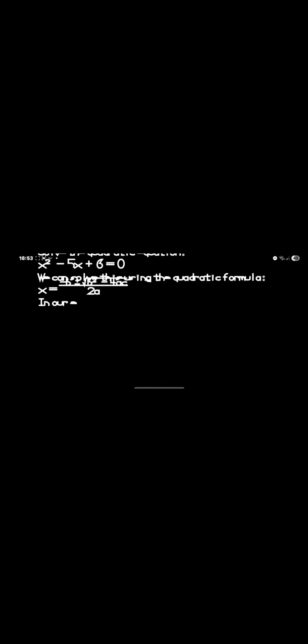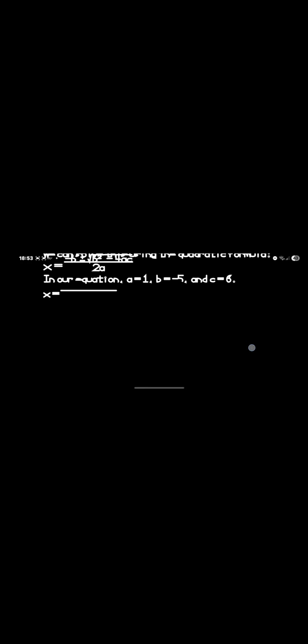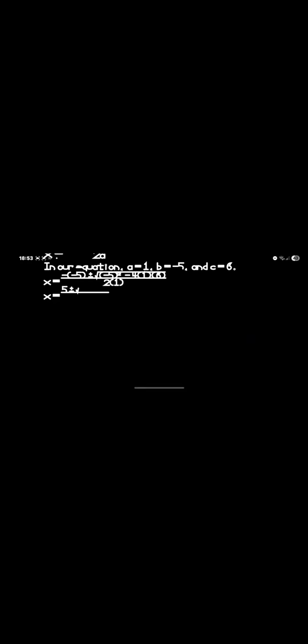In our equation, a equals 1, b equals minus 5, and c equals 6. X equals frac minus minus 5 plus or minus the square root of minus 5 squared minus 4 times 1 times 6 over 2 times 1. X equals frac 5 plus or minus the square root of 25 minus 24 over 2.